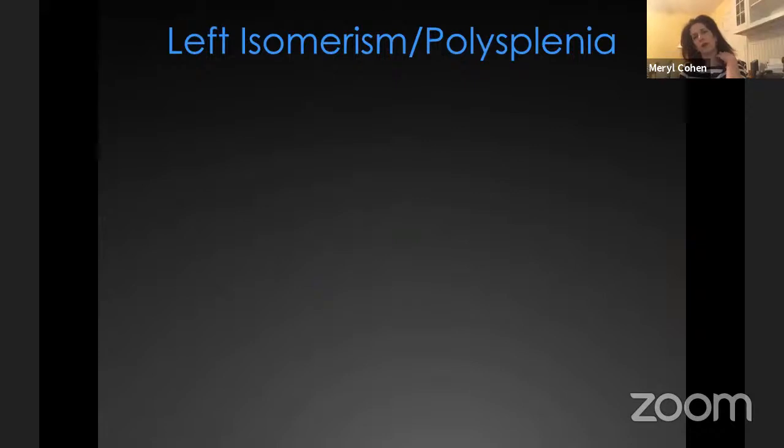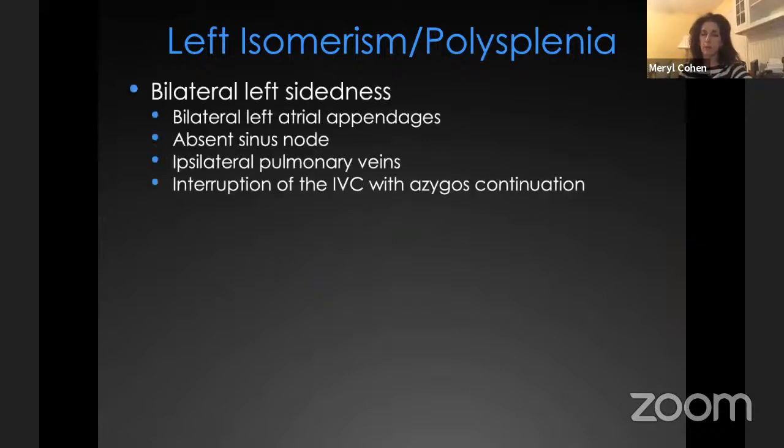So let's just go over left isomerism or polysplenia. Again, just as a reminder, just think of it as bilateral left side, bilateral left atrial appendages, as we talked about. Sometimes you'll see absence of the sinus node because the sinus node is a right atrial structure.